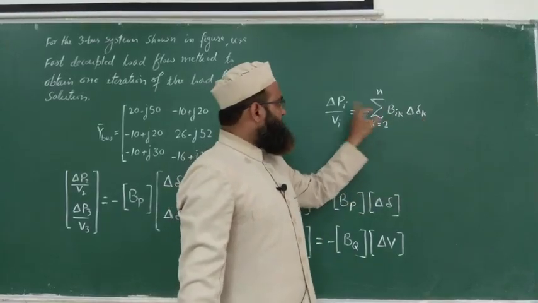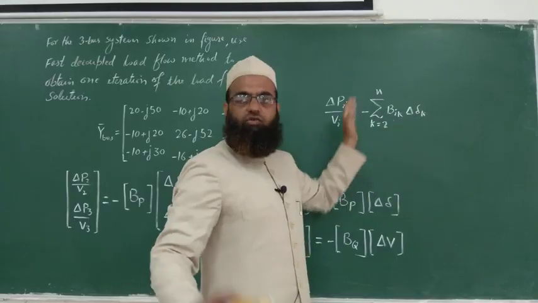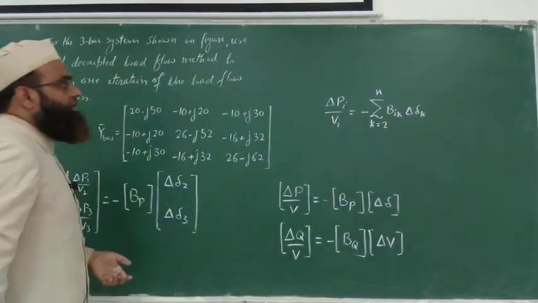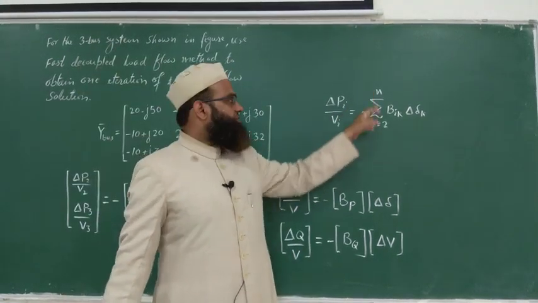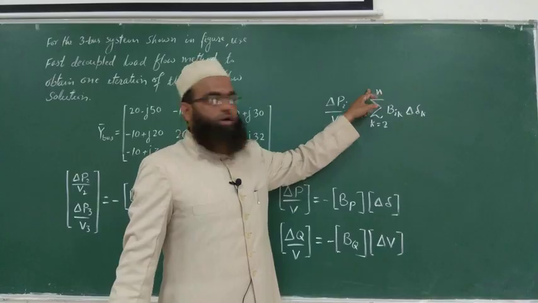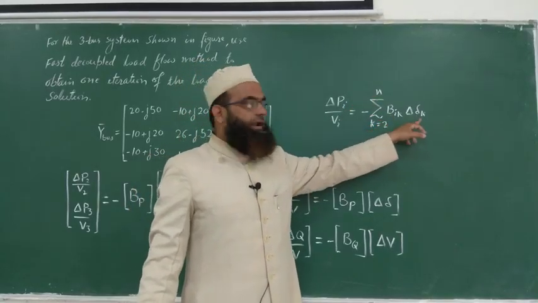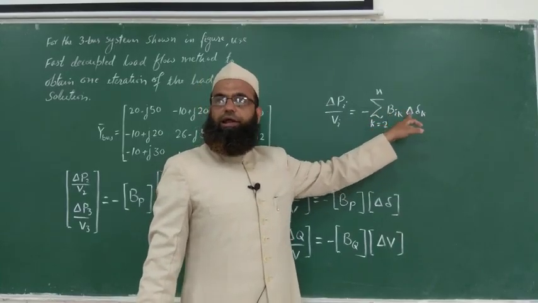Then i is 2, right? k is 3 now. B23 del delta 3 and so on, B2n del delta n. So for our system, we have n, total number of buses, as 3. So starting from 2 to 3, you will write B22 del delta 2, then next B23 del delta 3.